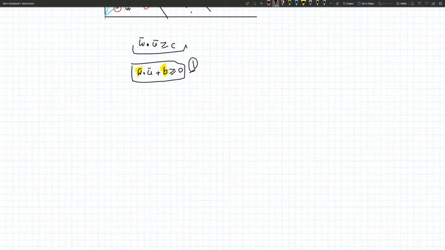So what is the constraint? We introduce a value y sub i, such that when y sub i equals +1, it will be for the plus samples, and if y sub i equals -1, it will be for the minus samples.